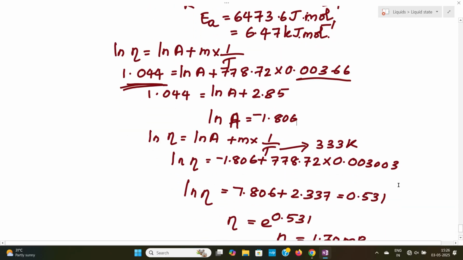So if we know the value of ln A and we know the slope, now we can find out the viscosity.